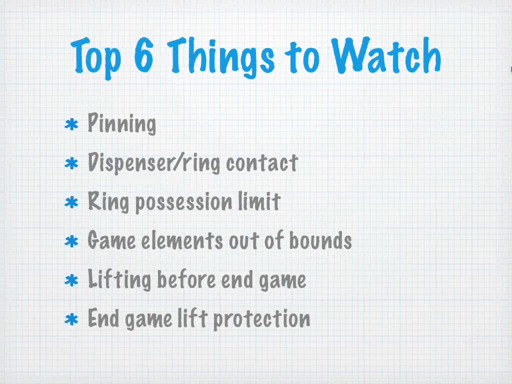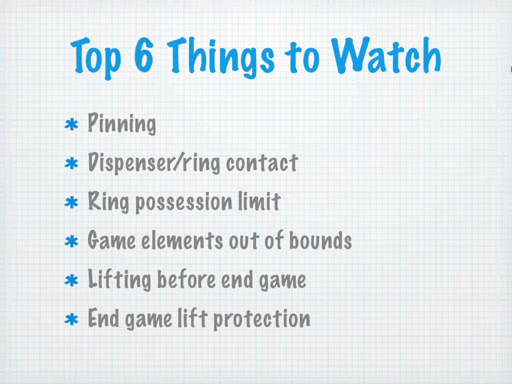There was a head ref training session a couple weeks ago that was super helpful, and one of the things I got out of that was a recommendation for the top 6 things to watch for, particularly during the driver-controlled period. Number 1 is pinning, and we'll talk about the rules and what defines pinning, but it's basically jamming into another robot so that it can't move.